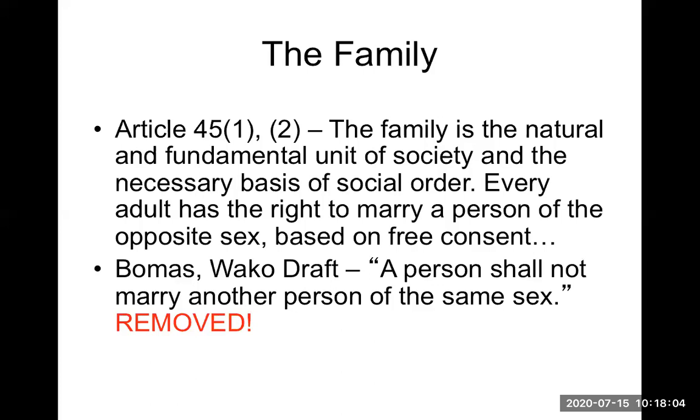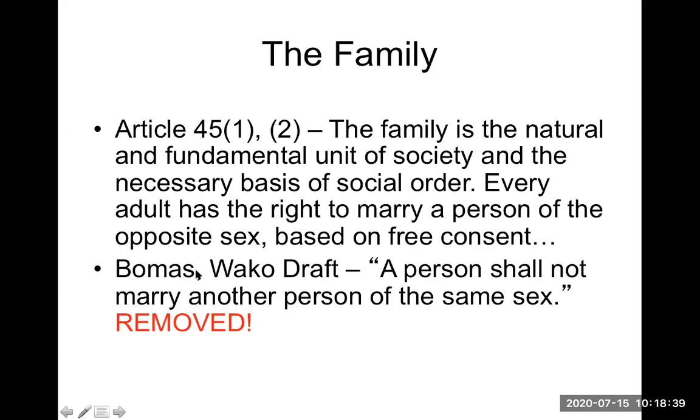That is Article 45, 1 and 2. Now, the Bomas draft and Wako draft had a provision indicating that a person of the same sex shall not marry another person of the same sex. This provision was removed in the final draft. I'm not sure what the reason was for removing it, but it was removed anyway.